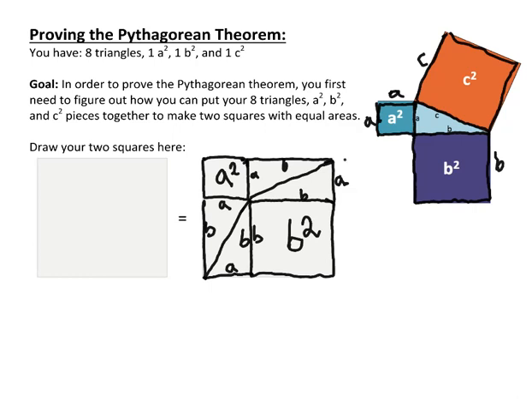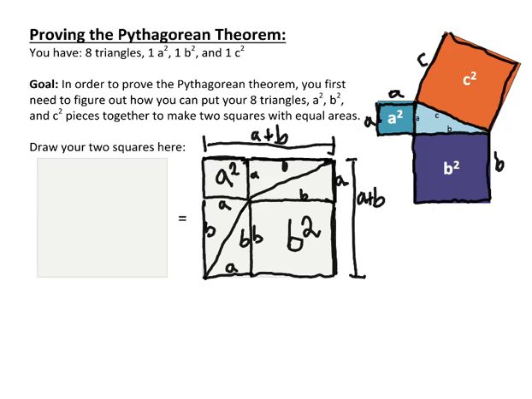What you'll notice is that the total area of this rectangle is going to be A plus B, right? This is A, this is B here, and then here we've got A plus B. So this side is also A plus B. So the total area of that square is going to be A plus B squared. Now, how can I make another square that has exactly the same area as that?